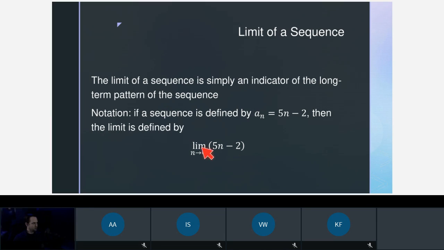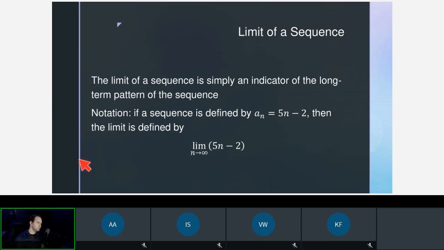So this is telling us the limit as n gets really big of this expression here. We want to know what happens. Well, when n gets really big, what does this expression do? It gets bigger. It gets bigger forever, right? It goes to infinity. So if it goes to infinity, does this expression have a limit?